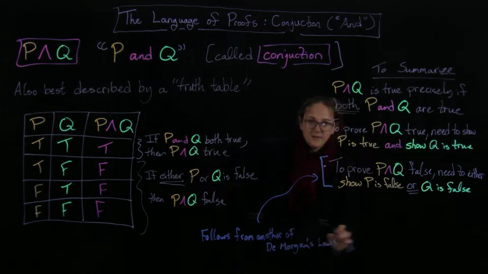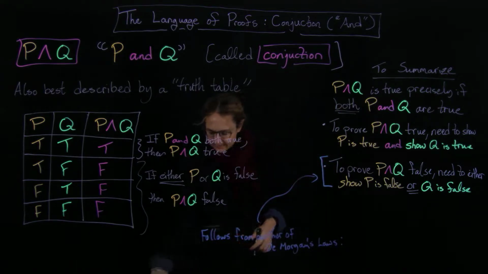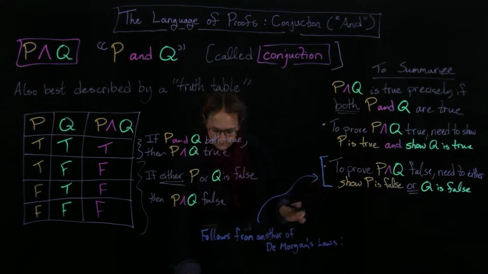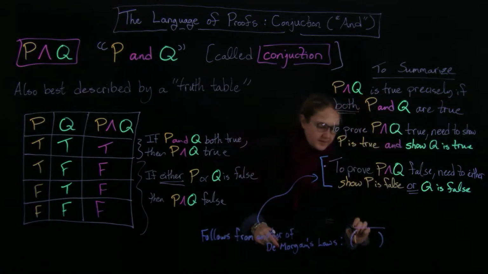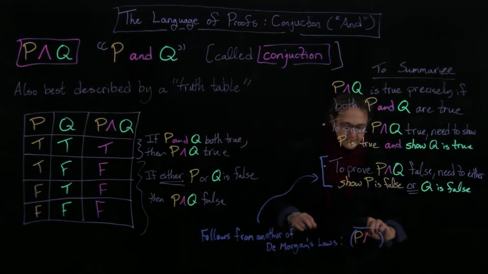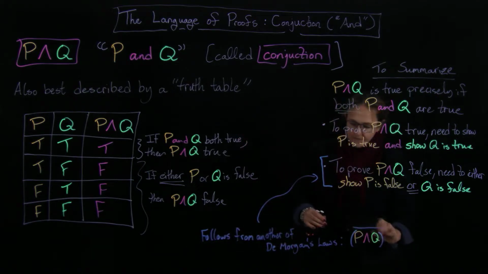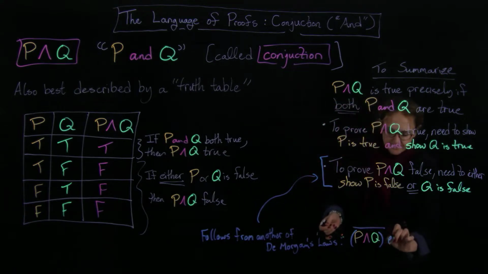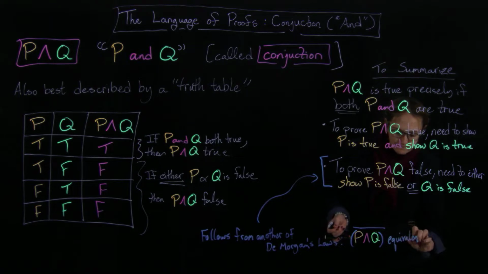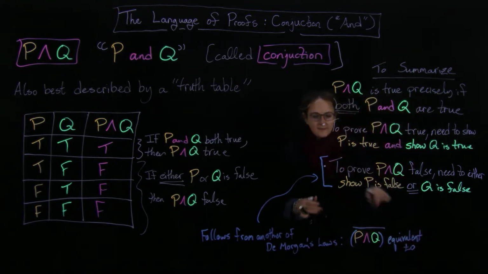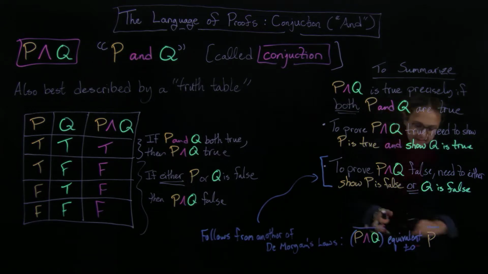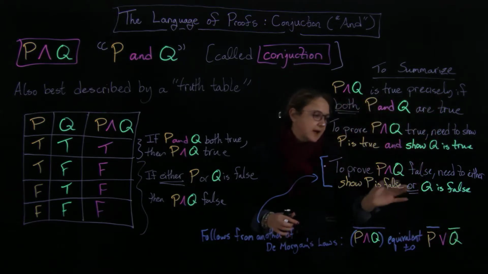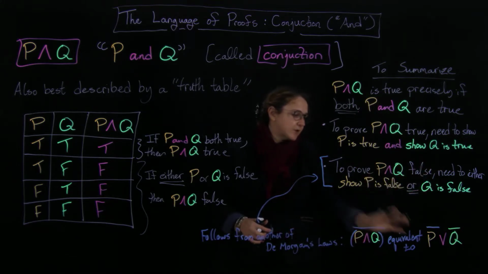If we want to take not of P and Q, if we want to negate this statement, this is equivalent to not P, and then just like in the other one, we need to flip this, so not P or not Q. Having that this is false is the same thing as having that this is false or this is false.